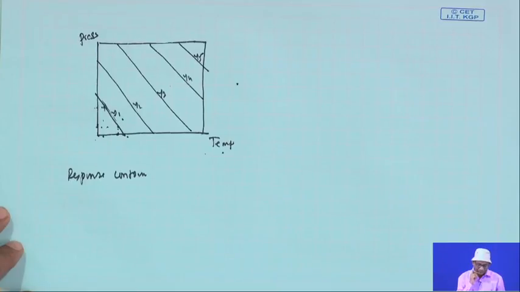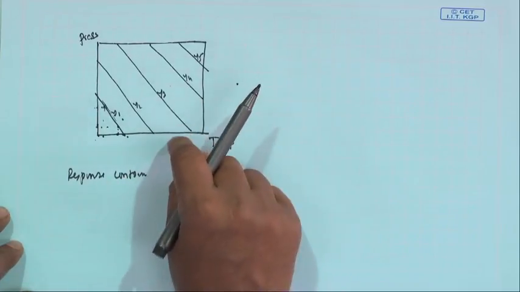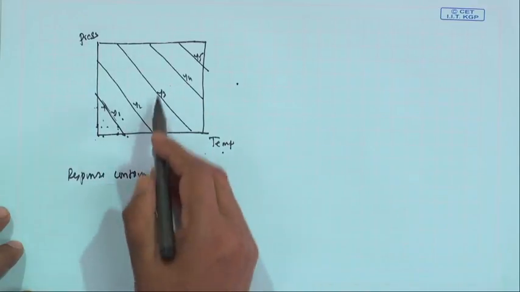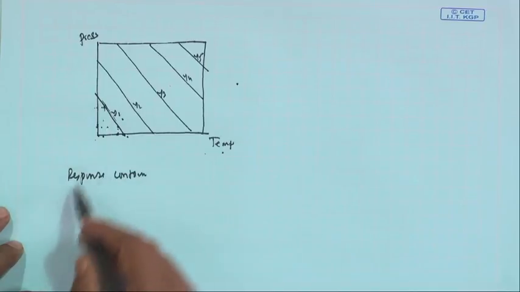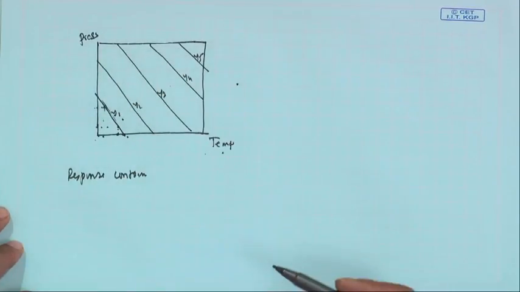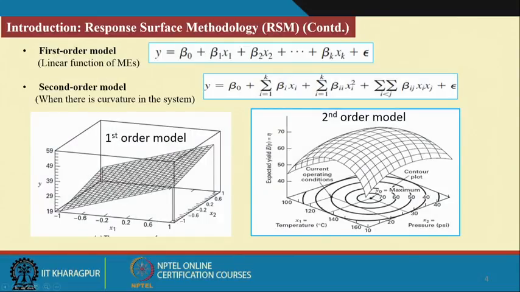If you do not have the interaction and the higher effects, then your response contours will be like this, parallel lines. That means if the first order model is fit here, and you develop the contour for the response, you will have parallel lines.